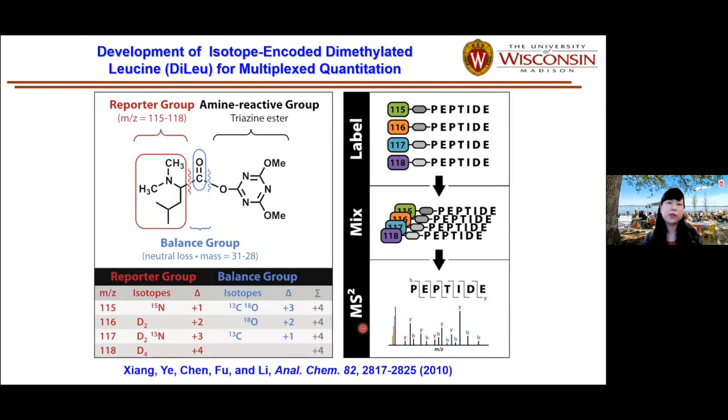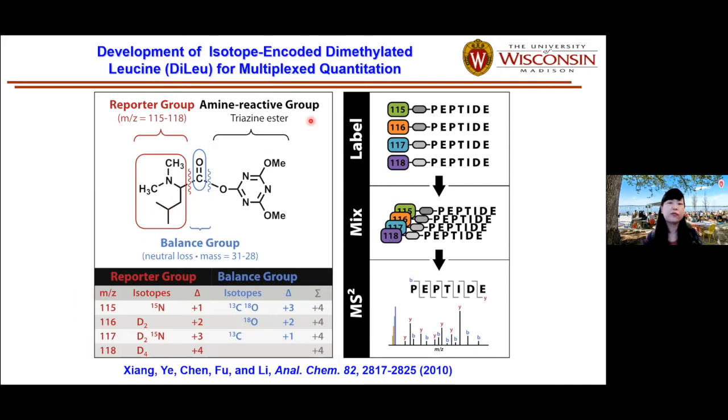Our first generation of dimethylated leucine tag is shown here. Here is an amine reactive group, a triazine ester, and the carbonyl group, the balance group, and then the dimethylated leucine. So it's very similar to either iTRAQ or TMT-based design. By incorporating different stable isotopes, we can create a 4-plex DiLeu.